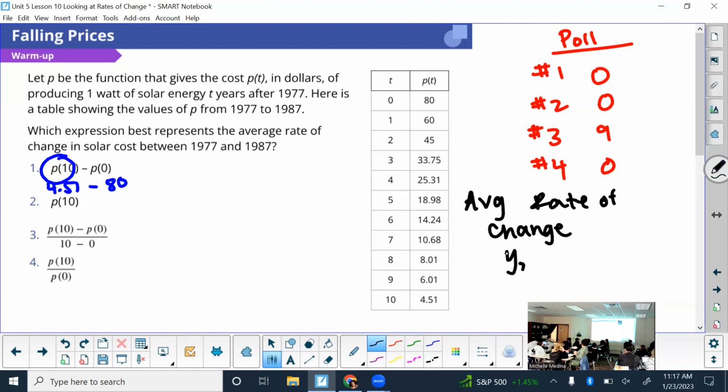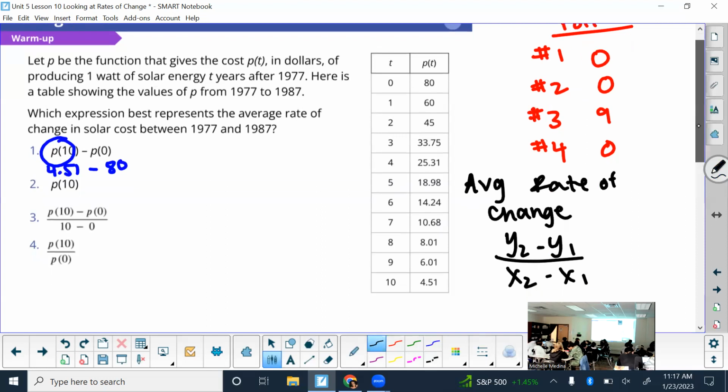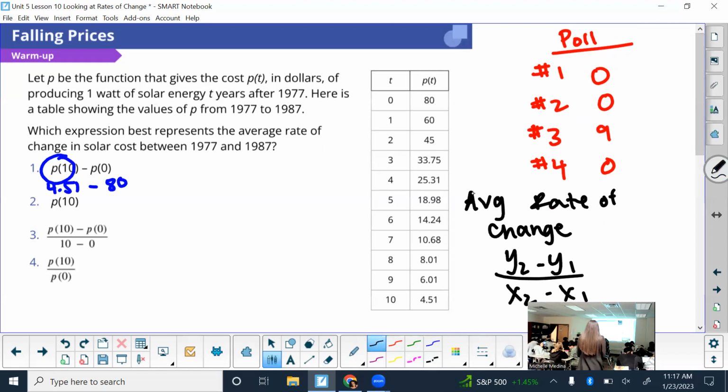If you don't have that memorized yet, then write it down, because I don't provide that. That is a formula you use all the time in math from now on. And yeah, you could do y1 minus y2 over x1 minus x2, same difference.